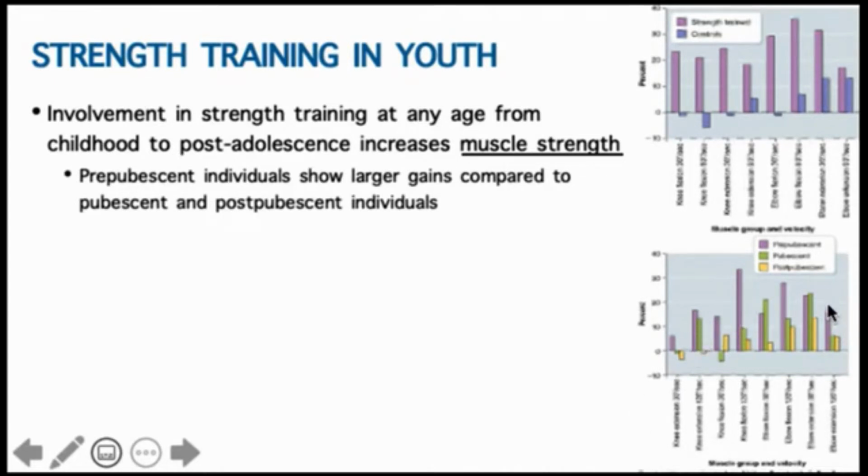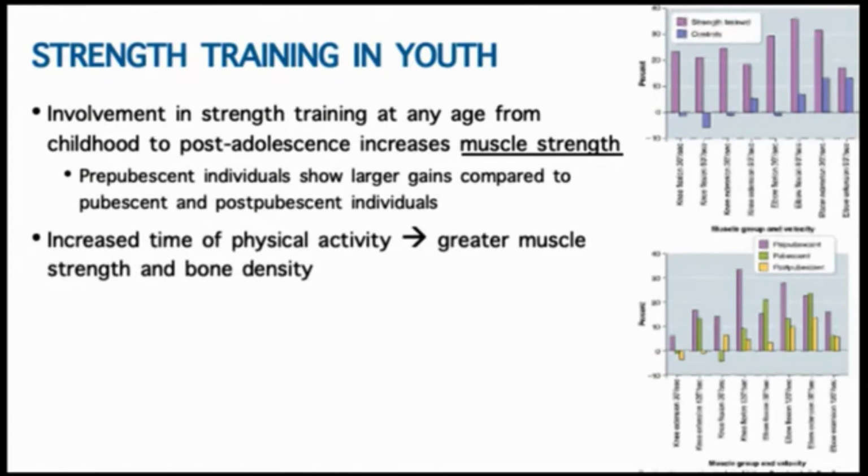But strength gains are larger for the prepubescent individuals, with relatively moderate strength gains for pubescent individuals, which is a little bit more than we see in post-pubescent individuals. So that pre-adolescent, adolescent phase is probably where we're going to have the greatest strength gains in our youth populations.